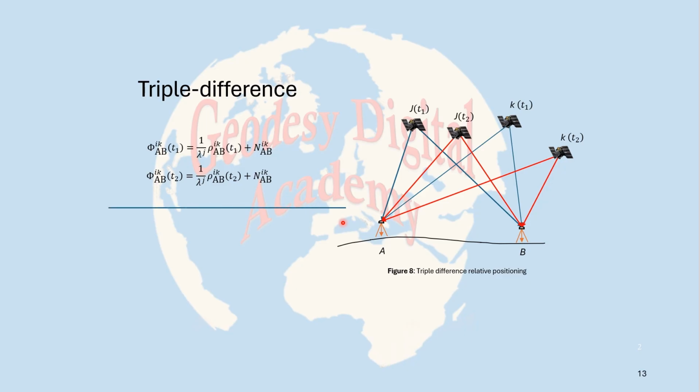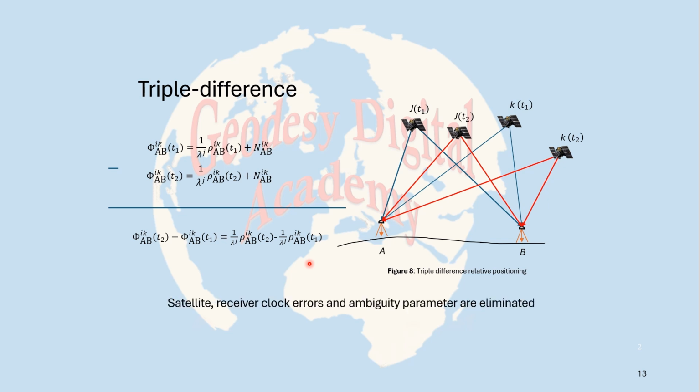If I subtract these two equations from each other, I get a new equation for the triple difference. And as you observe, the ambiguity parameter is also eliminated. This means that for triple difference, the satellite and receiver clock errors and the ambiguity parameter are eliminated.